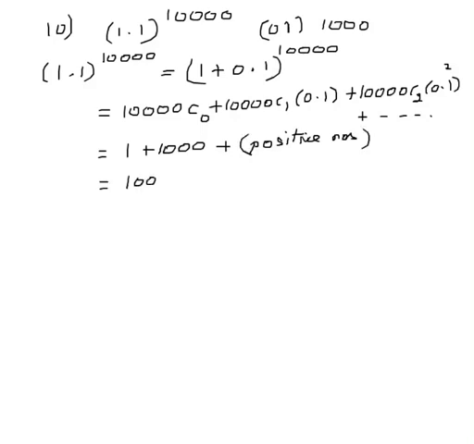Sum of the first two numbers itself is 1001 plus we have positive terms. Therefore, 1.1 whole raised to 10,000 is greater than 1000.